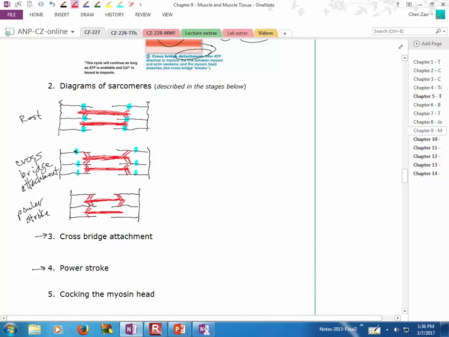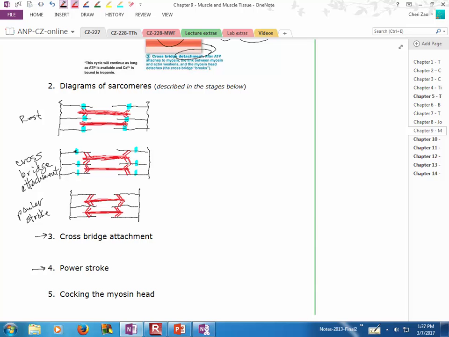Opposite direction than what they were before. You have to think about this when you draw this. So now there is more overlap of actin and myosin, correct? As the sarcomere shortens, no shortening of the actin, no shortening of the myosin. It's overlapping, and that's why they call it the sliding filament theory.